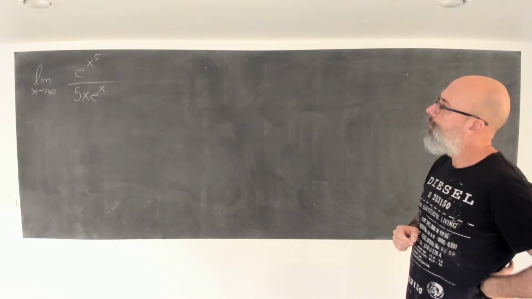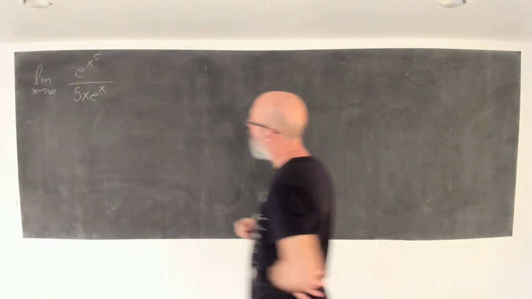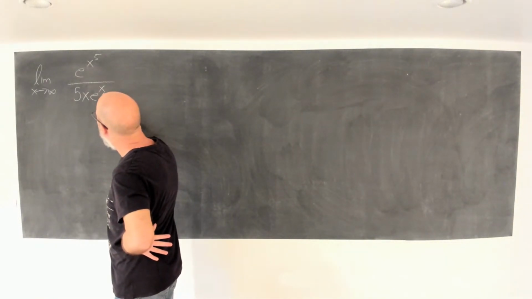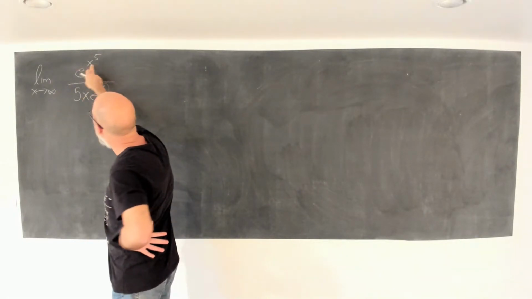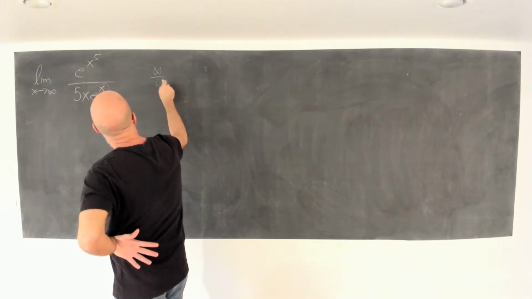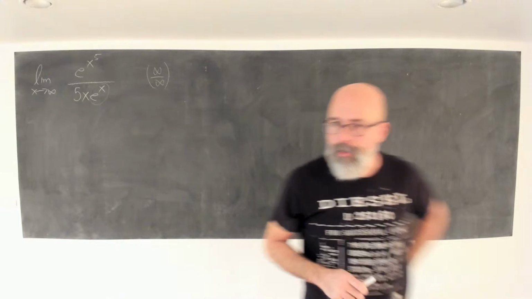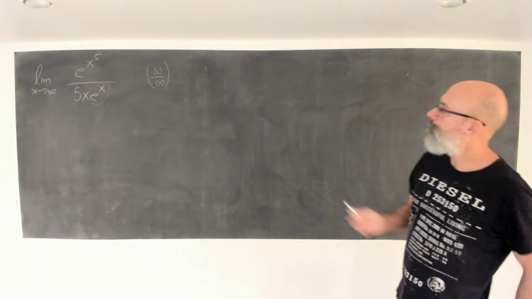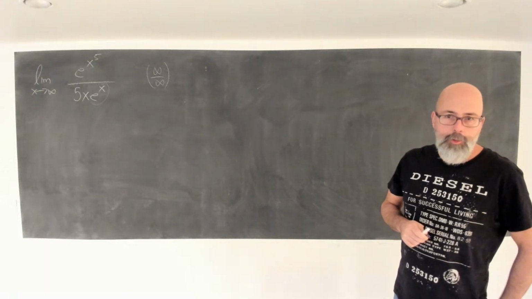All right. Limit as x goes to infinity of this. What I would do, well, first of all, as x goes to infinity, I'm sure you've all realized immediately that this has the form infinity over infinity. I would not apply L'Hopital's rule immediately.